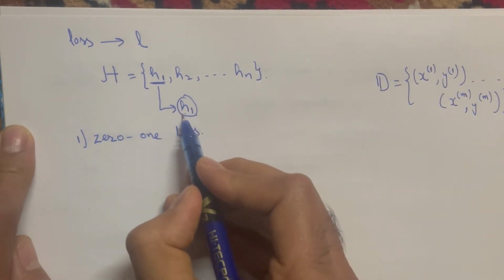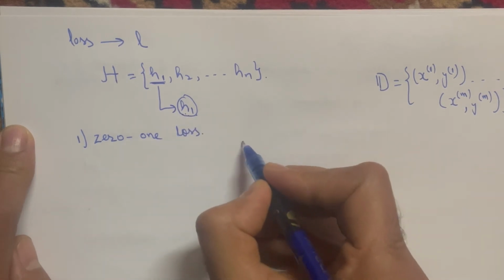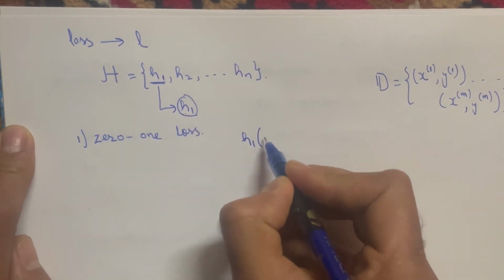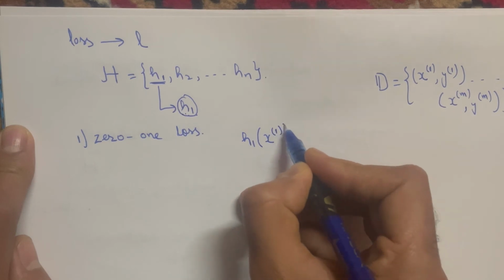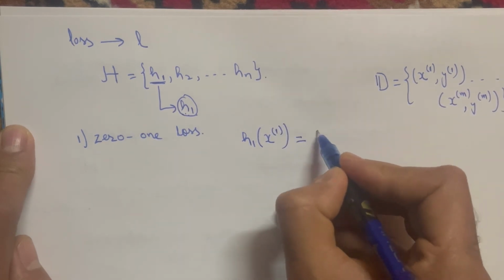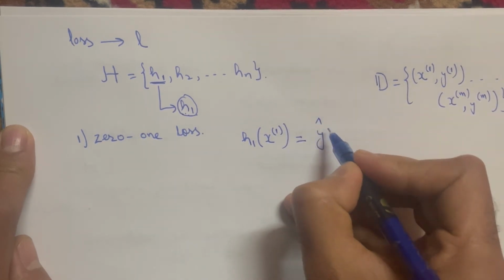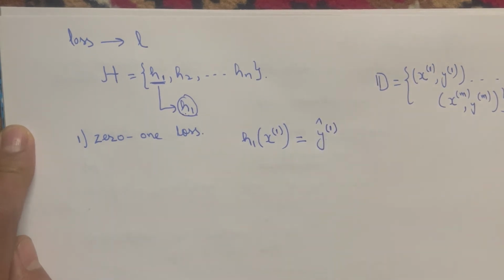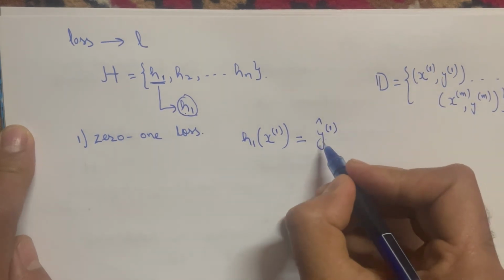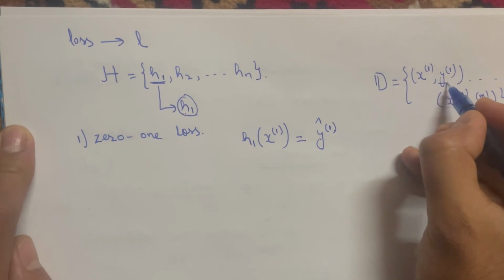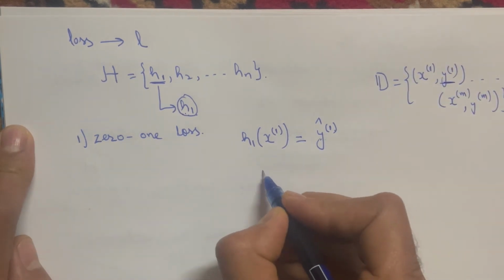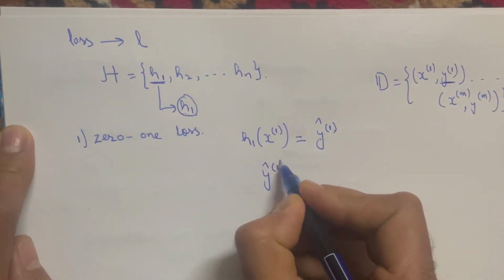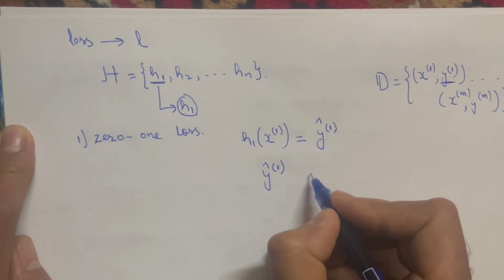We have this hypothesis function. To this hypothesis function, we will give x1 as input, and we will get the predicted output for the first example. Then we will compare this predicted output with the actual output, y1. We will do the comparison.